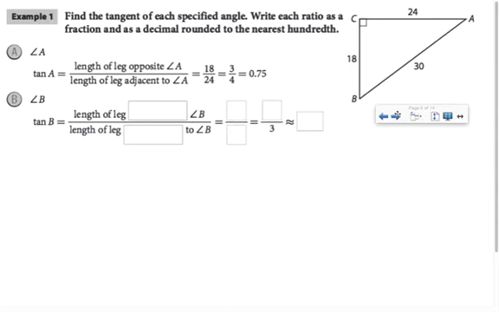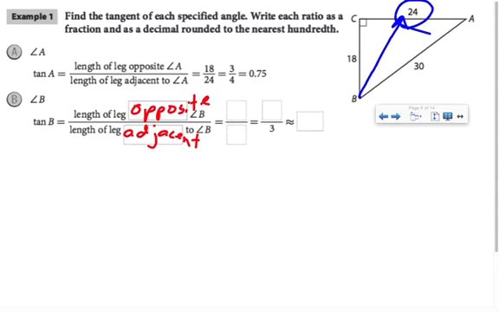So that's the length of the leg opposite angle B over the length of the leg adjacent to angle B. So the leg opposite angle B, if I go from B straight through the middle, where do I land? I land at 24.